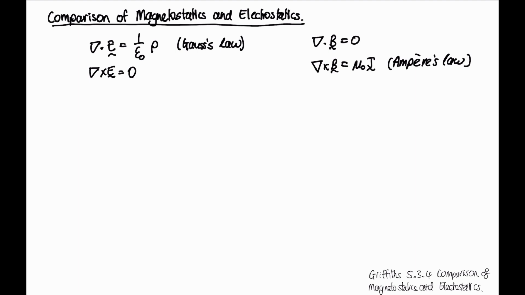So before we move on, it's very useful to point out the parallels between magnetostatics and electrostatics. So for electrostatics, we can write down that the divergence of the electric field is equal to 1 over epsilon naught times rho, which was Gauss's law.